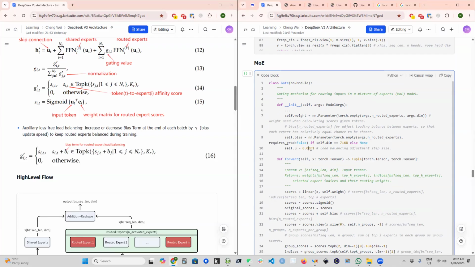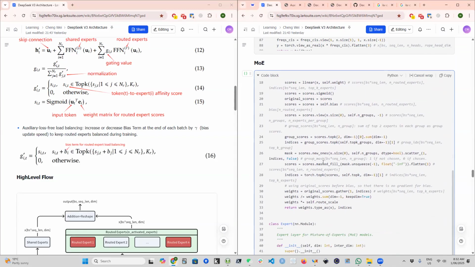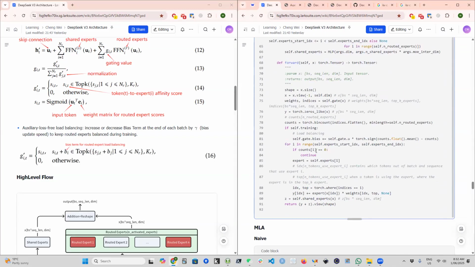We set it to something, then adjust it in each batch. How do we adjust it? We use this step size times whether the number of tokens received by this expert is lower than the mean or bigger than the mean.